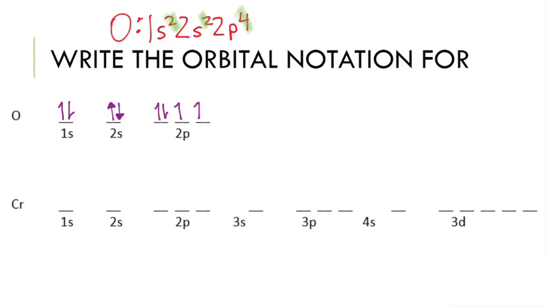I won't be looking over your shoulder during the test to see what order you write them in. So if you want to start with them doubled up and then single, that's fine. But it's an easy habit to get into. If you start with them doubled up, you might write your 2p4 like this, and that is incorrect. These last 2 electrons do not want to share a space if there is an open space available. So it is important that we end up looking like this.